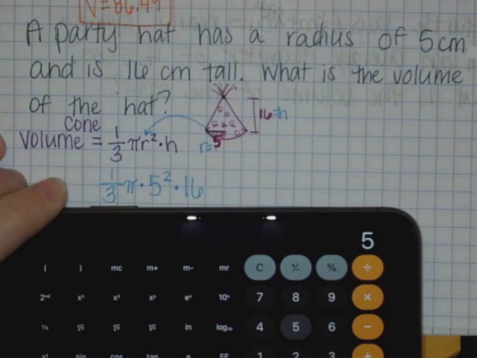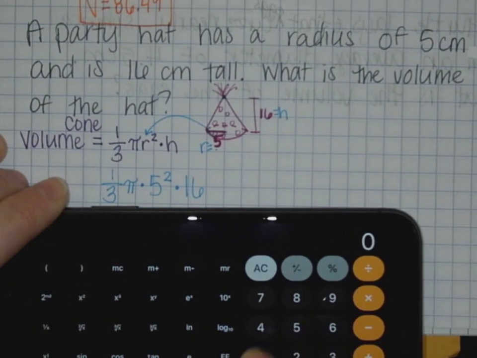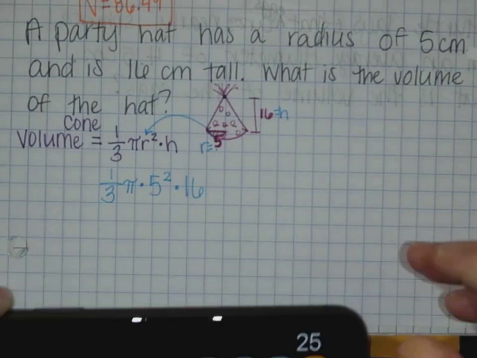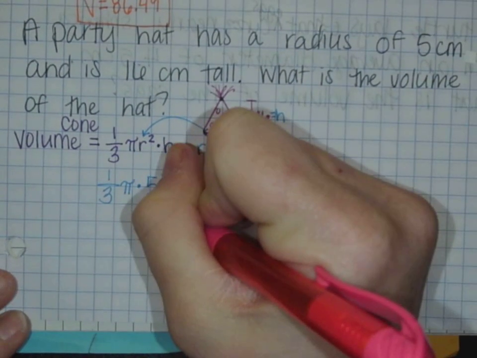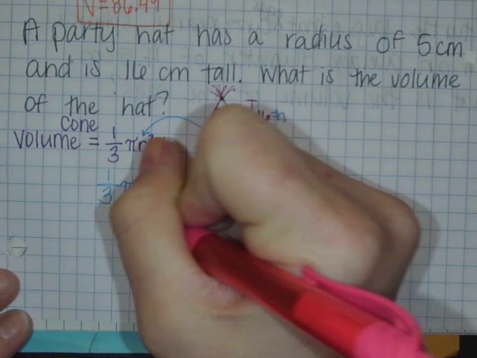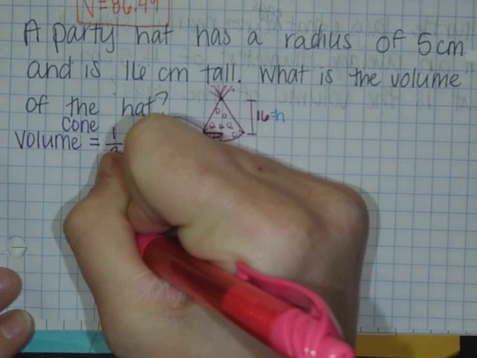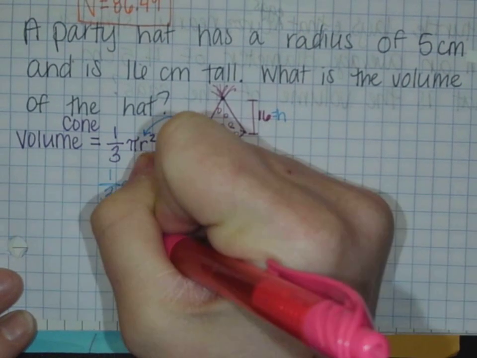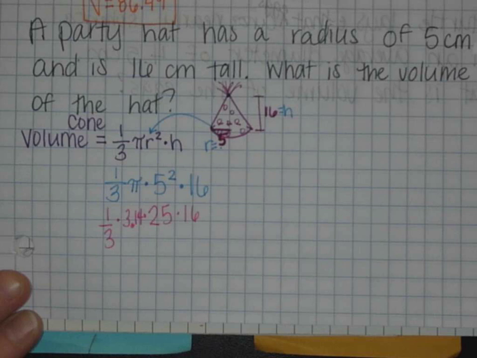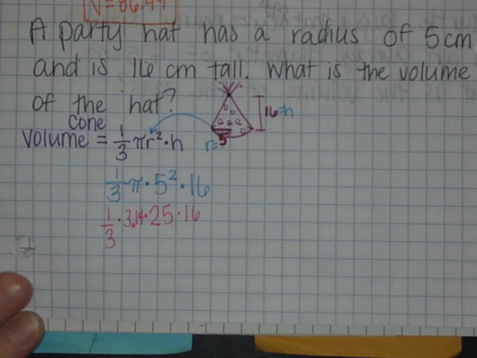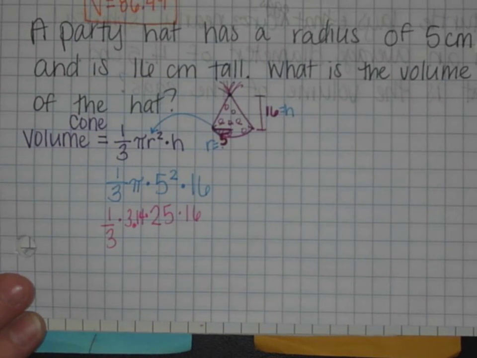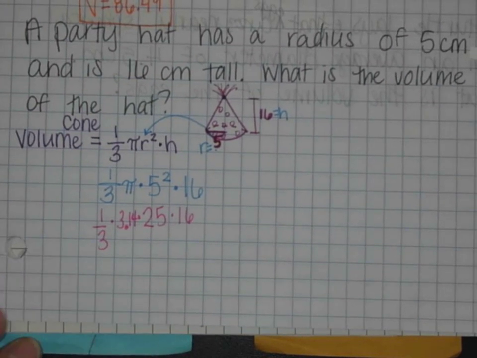So we have 5 squared. 5 squared is 25. Still have the 16, still have 3.14, and then times 1/3. Remember, I like to leave the fraction until the very end because it always freaks people out, I guess you could say.